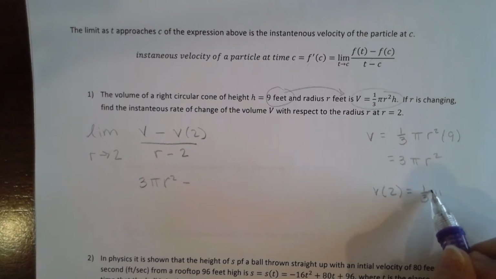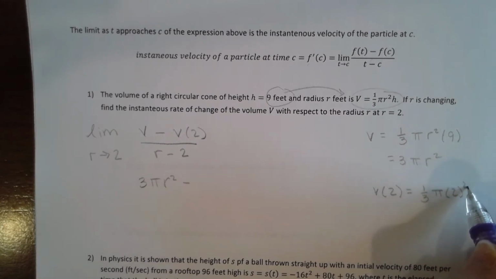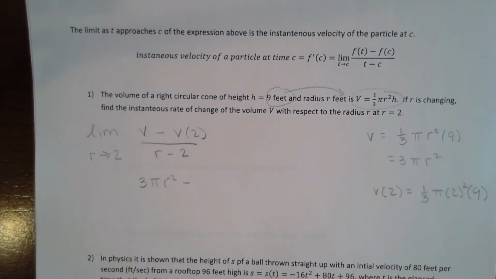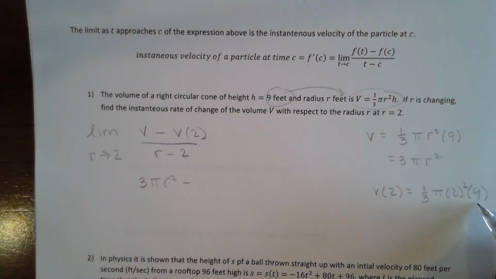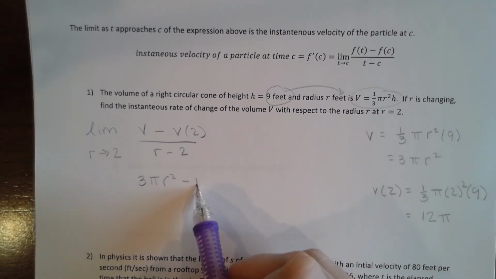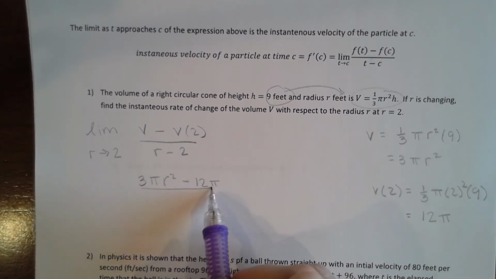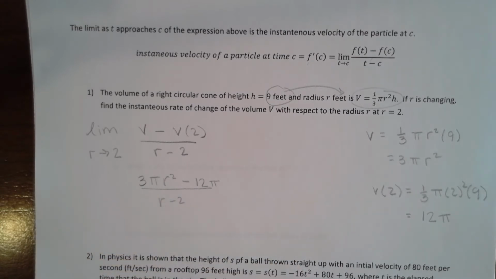So 1/3 pi 2 squared, but the height is still 9, right? That's not changing. The height isn't changing, just how wide the cone is changing, not the height of the cone. So we've got 4 times 3 will give us 12 pi. So minus 12 pi all over r minus 2.